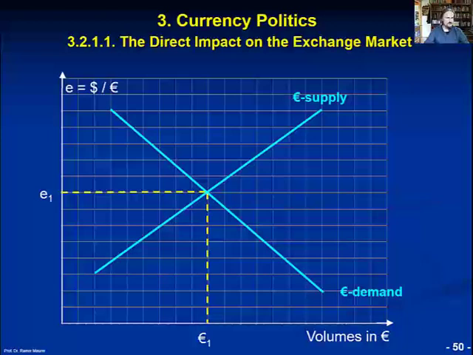Now, what happens on such a diagram if a central bank sells its own currency? If the European Central Bank prints more euros and offers these euros on the foreign exchange market in exchange for dollars, this increases the supply of euro on the foreign exchange market, such that the euro supply curve shifts to the right.